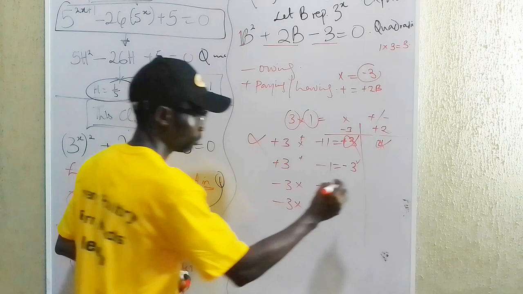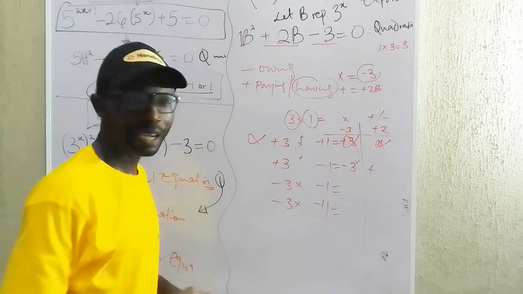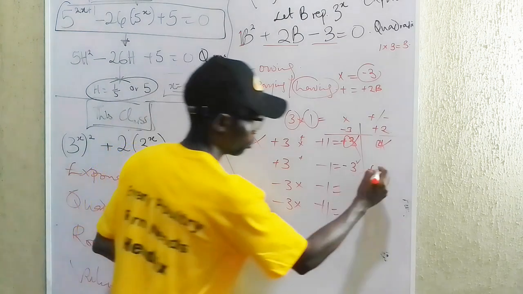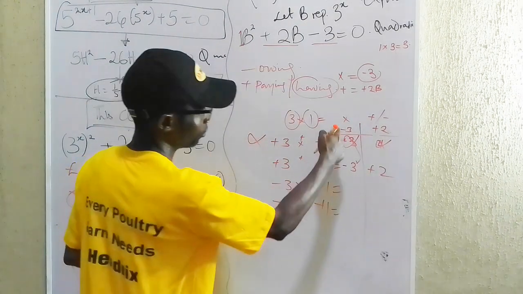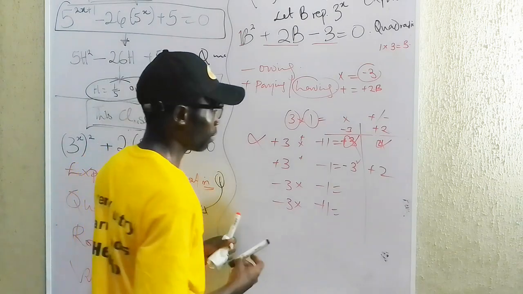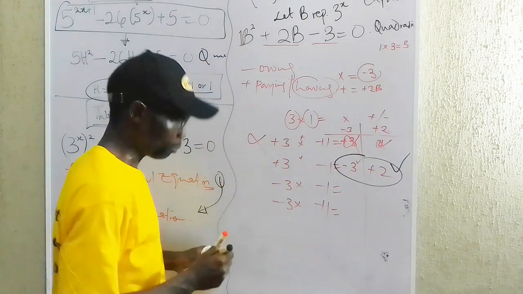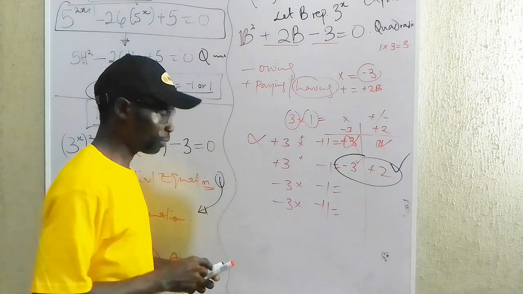No. Okay, that means I am having. How much am I having? $2, plus 2. Wow. This looks like this and this looks like this. So I'm not going further. I know I've got the combination I need. This is likely to be the combination I need.